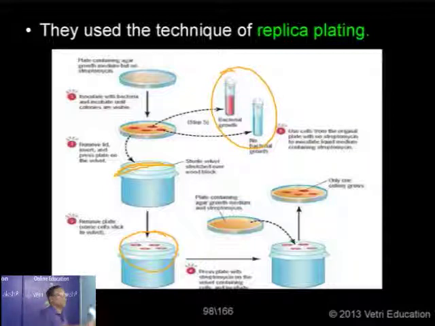So they introduced the bacteria into one liquid broth without streptomycin, and another one with streptomycin. In the liquid medium without streptomycin, bacterial growth was observed. And in the other liquid medium where we had streptomycin, what would happen? All the bacteria die, because in the liquid medium the antibiotic is dispersed.